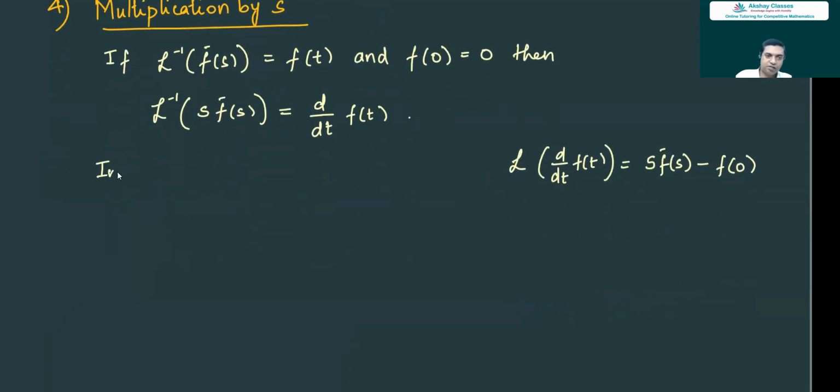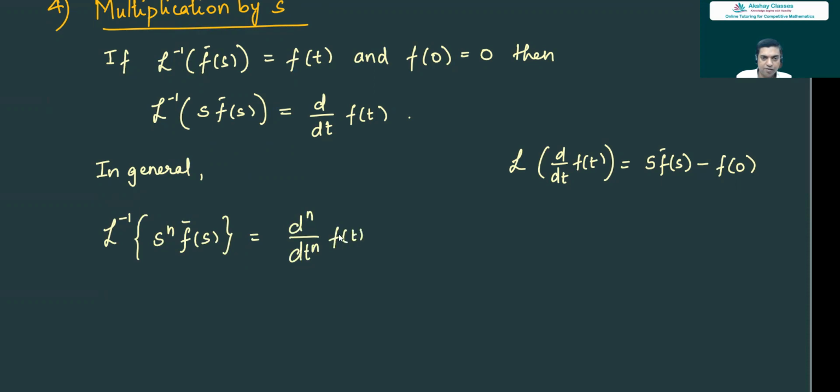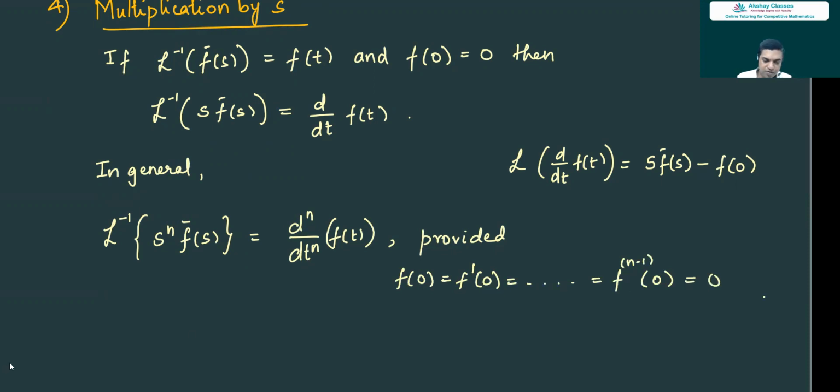Now in general, Laplace inverse of s power n, so you're multiplying with the nth power of s, will be equal to the nth derivative with respect to t of f of t, provided f of 0 and f dash 0 up to the n minus first derivative at 0 are all zeros.